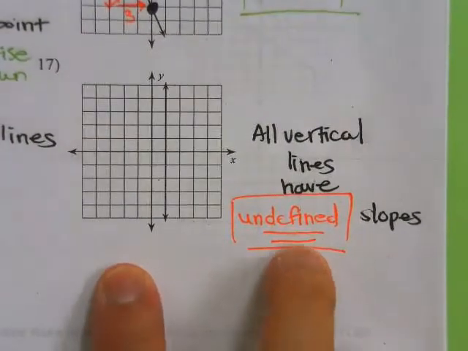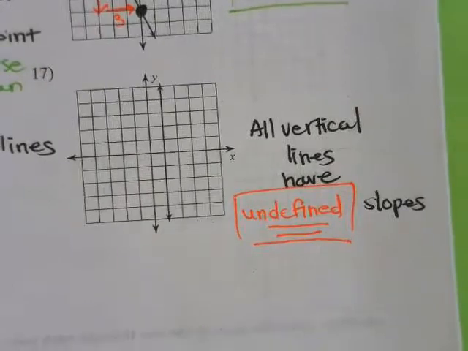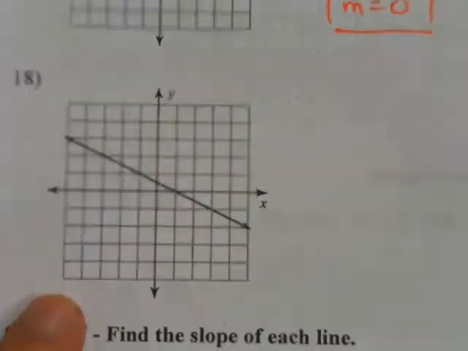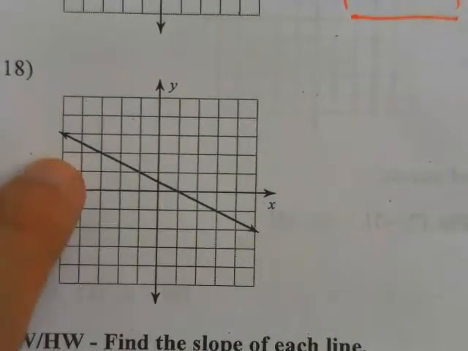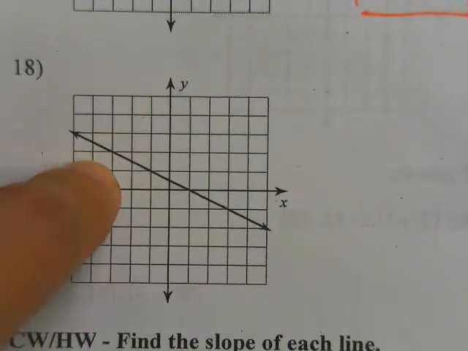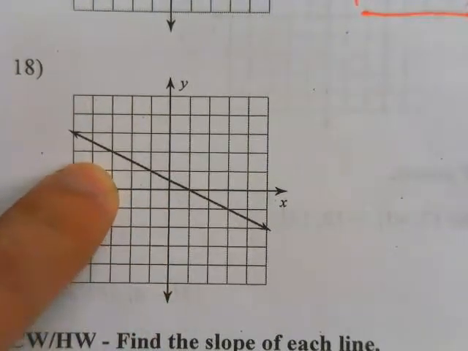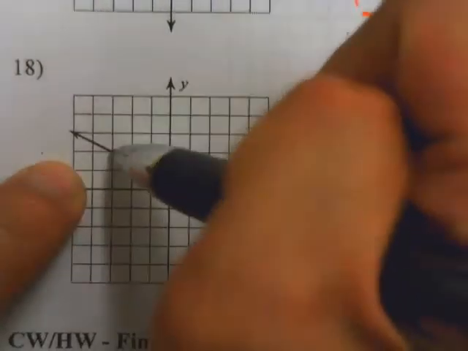Any questions? Last one for right now for round 2. 18. It's always fun in Algebra 1. 18. There's so many ways to do this. So let's pick this point over here.